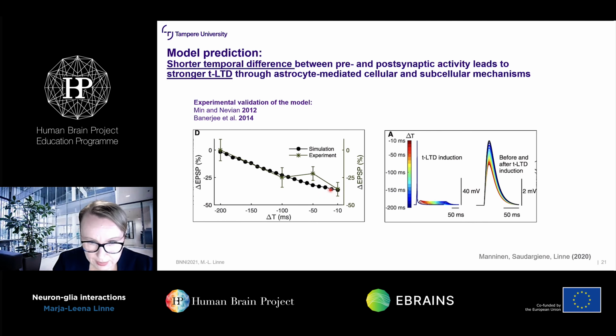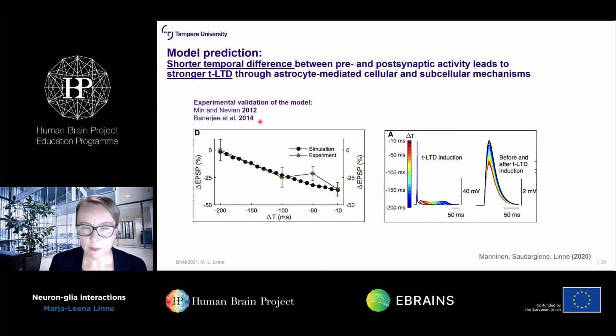And our simulation, the black one, is very close to this green experimental data that was obtained from another validation data set, Banerjee et al. from 2014.